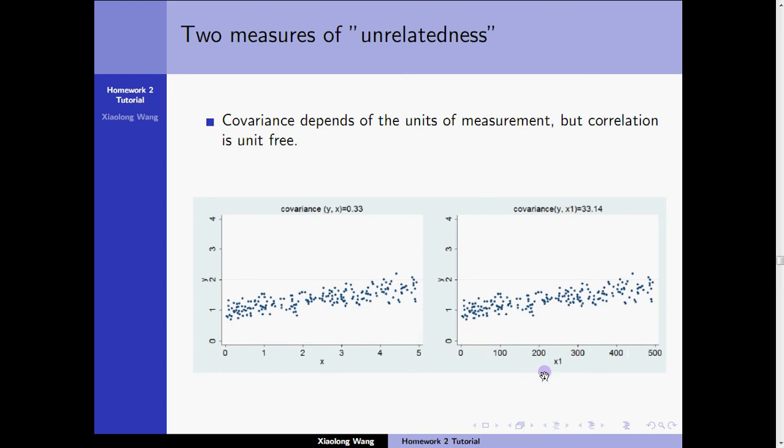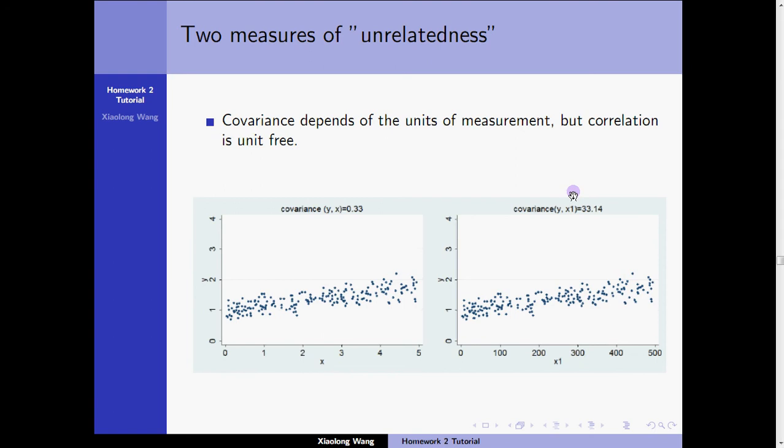If we compare the covariance of x and y with the covariance of x1 and y, then we see that we have a higher covariance here. But these two graphs are exactly the same, and a higher unit of measurement gives us a higher covariance of the two random variables.